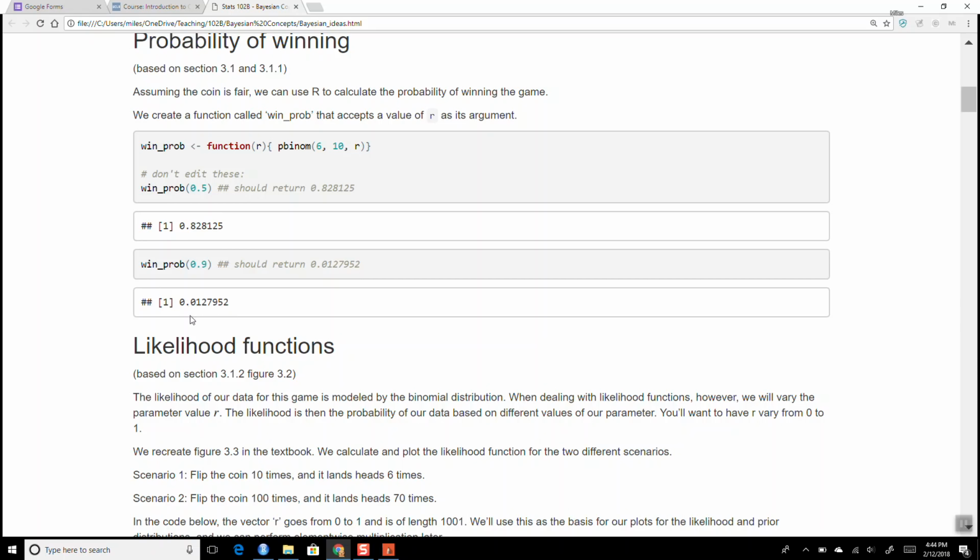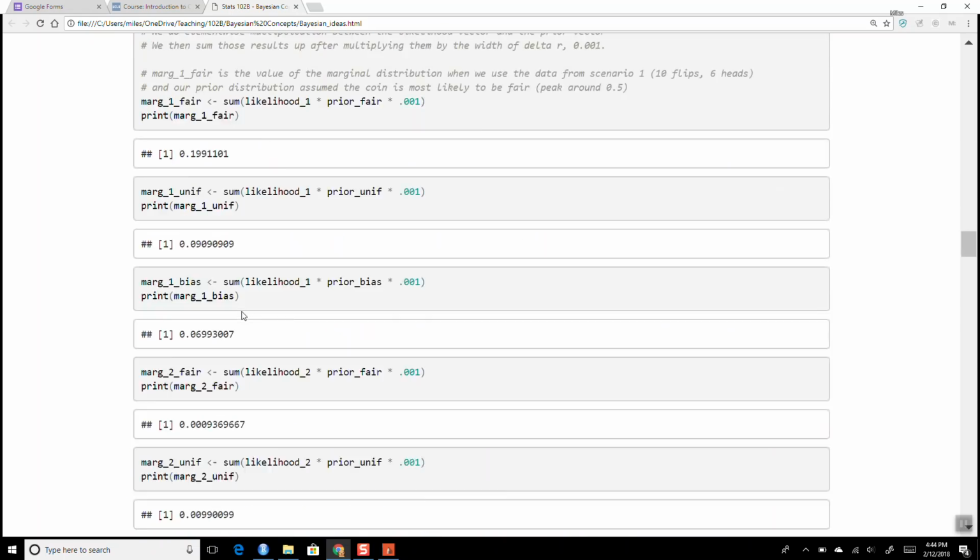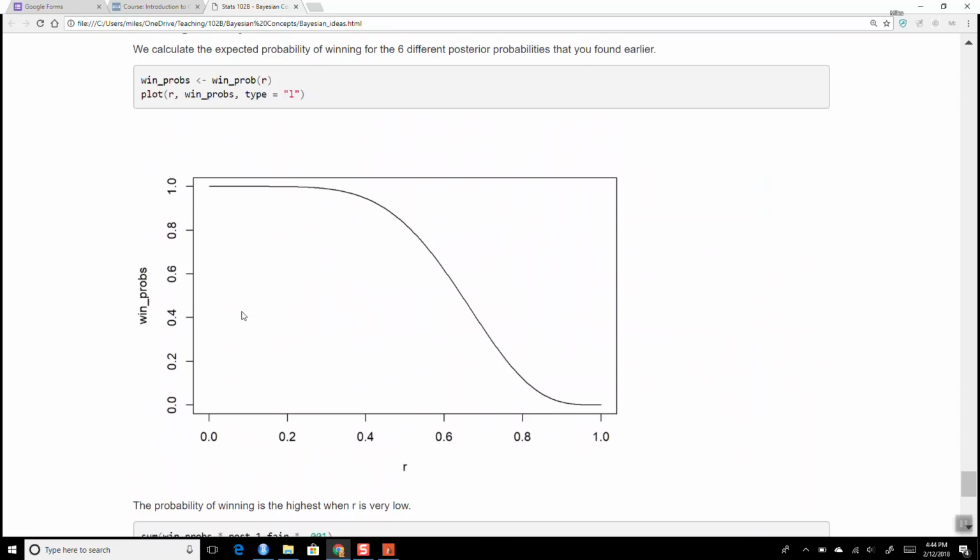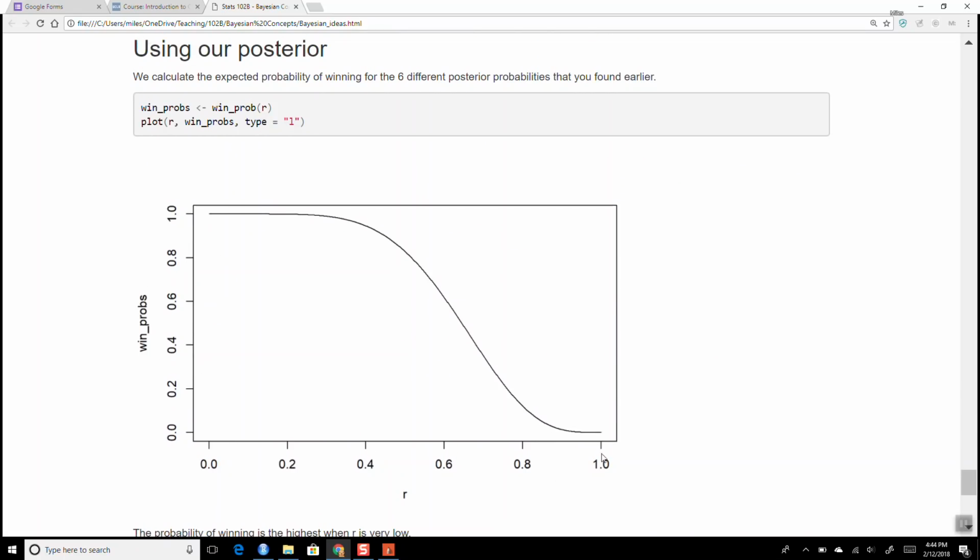If the coin had a probability of 0.9, we would have this probability, and so on. So here I can just graph the probability of winning the game, and we can see that if the probability of heads is anything less than 0.4, you're almost guaranteed to win, in that you will certainly get less than 6 heads out of 10.